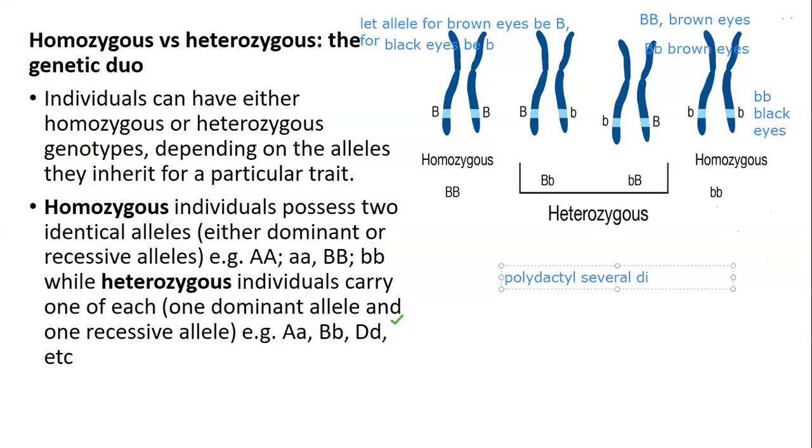So you may find someone has, say, 5 digits on one hand and 6 on the other. Someone has 6 on one hand and 6 on the other. Others even have 6 toes on one leg and 6 toes on the other. In addition, they have 6 fingers on one hand and 6 fingers on the other.